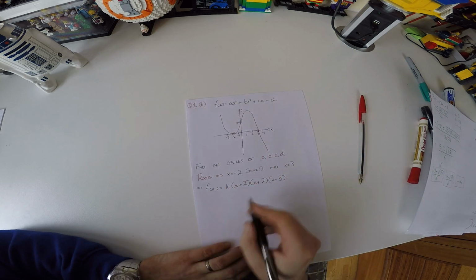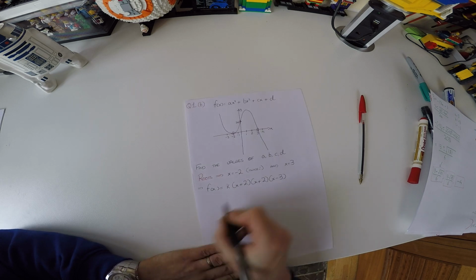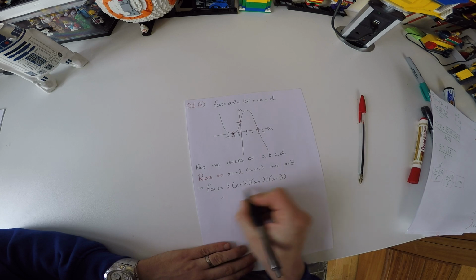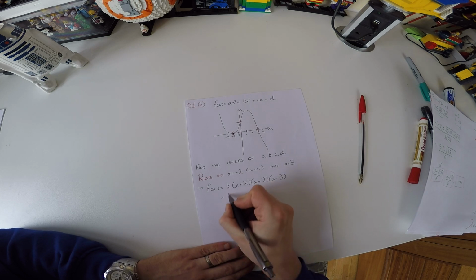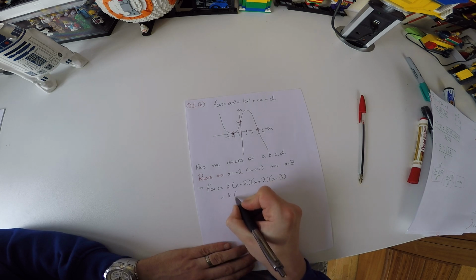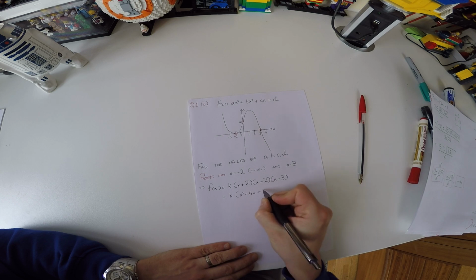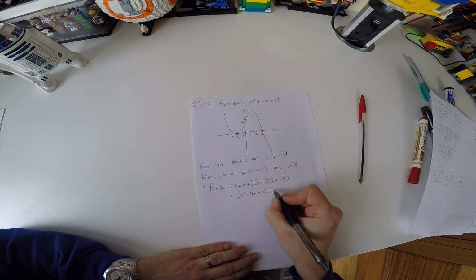Okay. So what I'll do now is I'll multiply out these brackets here. I'll leave the k on the outside. So x plus 2 times x plus 2 is essentially x plus 2 squared, which is x squared plus 4x plus 4. That's now going to be multiplied by x minus 3.